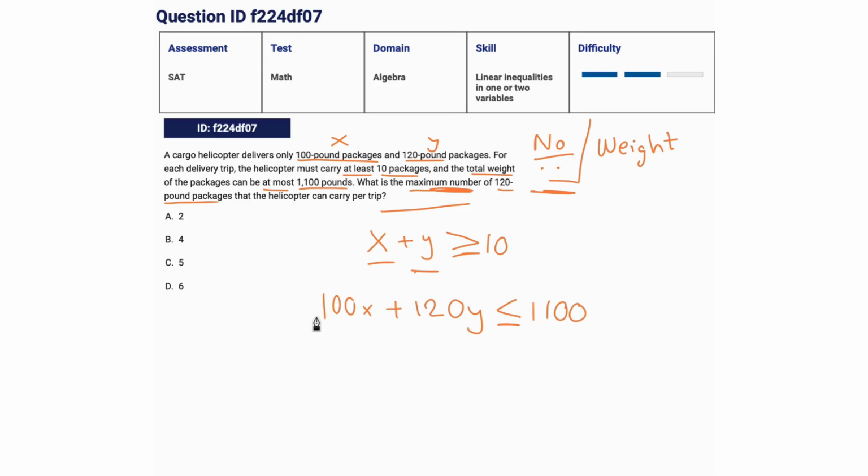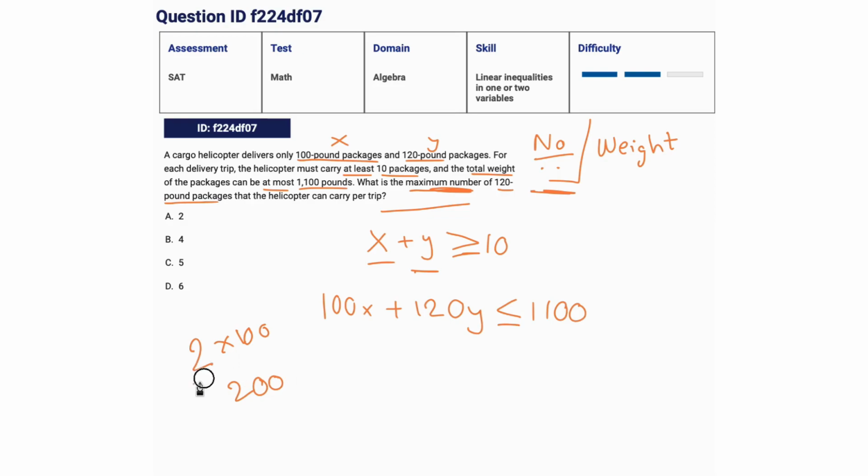If I give you 2 packages and I want you to calculate the weight of these 2 packages, for 100 pounds, we're not talking about 120, we're just talking about 100. Then you would say, oh, 2 times 100 would be 200 pounds, correct?